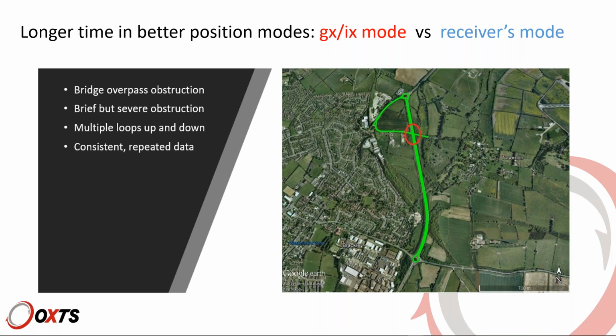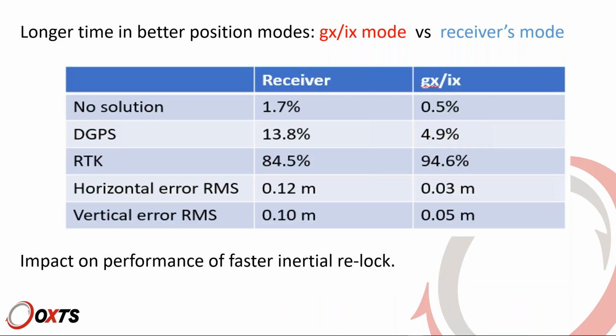Severe because you completely lose the GNSS, 0 satellites. So you have to start from 0 availability, meaning the receiver will have to start from scratch, but GXIX mode, like mentioned, will have the position constrained by inertial measurement, so it is much quicker in jumping back. So the results are that no solution for the receiver was for 1.7%, while GXIX is 0.5.